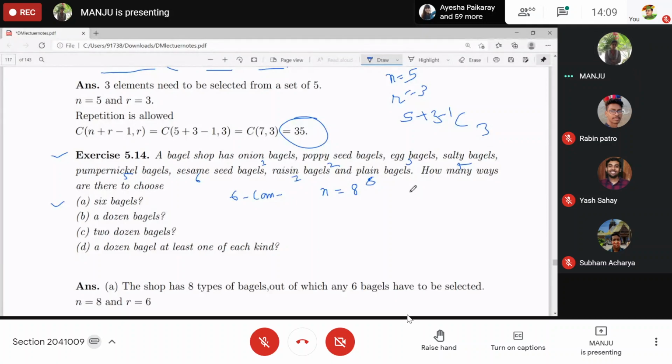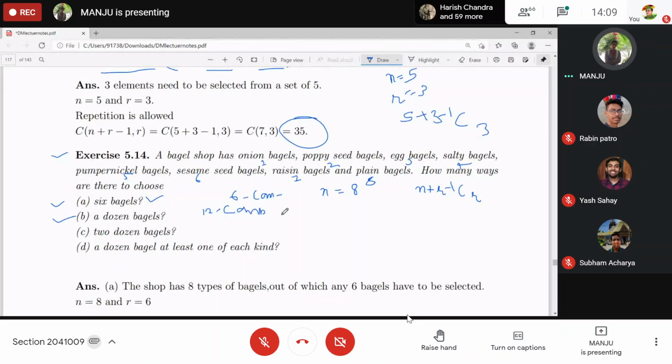So how many ways are there? The formula is n plus r minus 1 C r. Just put n equal to 8: 8 plus 6 minus 1 C 6. That will give you the solution for 6 bagels. For a dozen bagels, you want to choose 12.